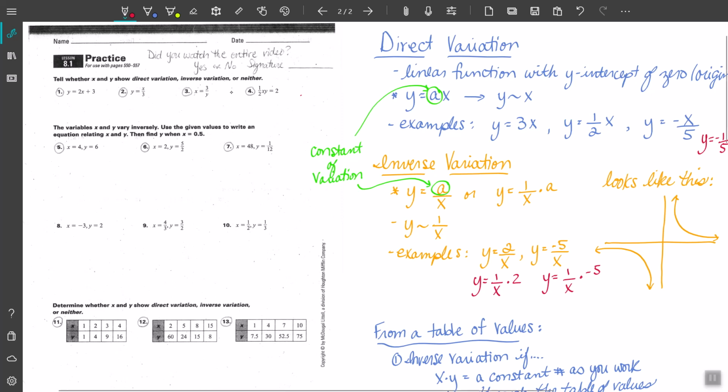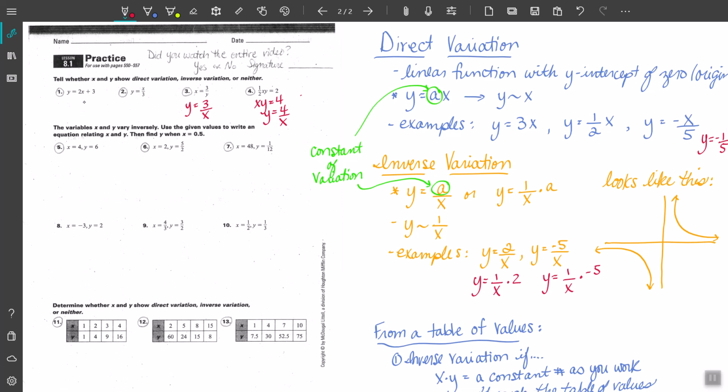So I'm going to go ahead and solve 3 and 4 for y as well, because we can't really state anything about any of these functions until we have y isolated. So that would be y equals 3 over x, and then over here I'm going to end up with 4 divided by x.